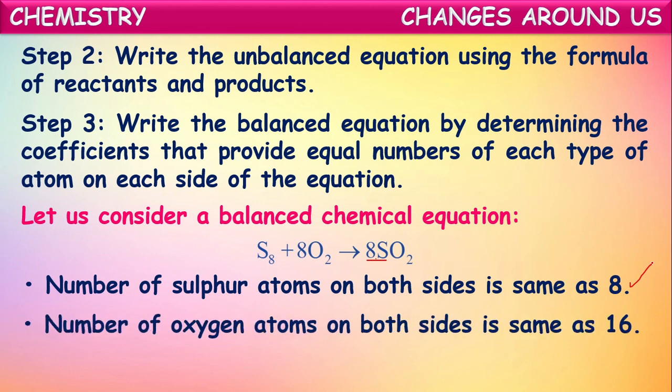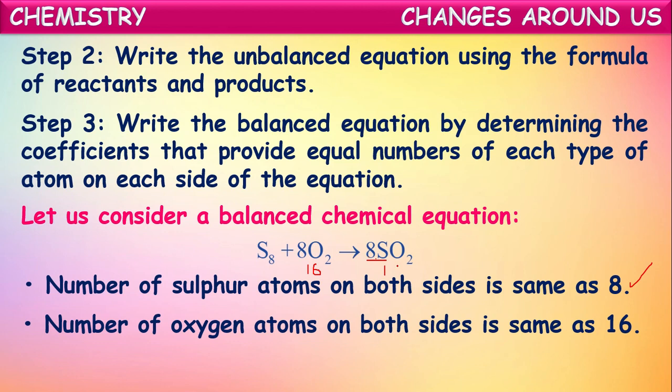If you observe oxygens, on the left hand side, there are 2 oxygen atoms in one molecule of oxygen. And how many molecules are there? 8 molecules. In total, oxygen atoms on the left hand side are 16. What about on the right hand side? Each sulfur dioxide molecule has 2 oxygen atoms. And there are totally 8 molecules.